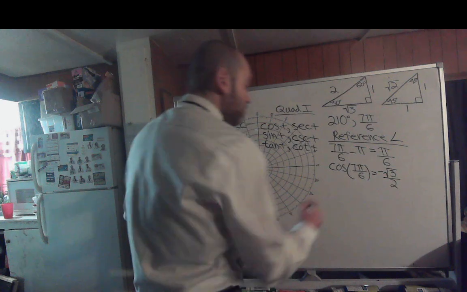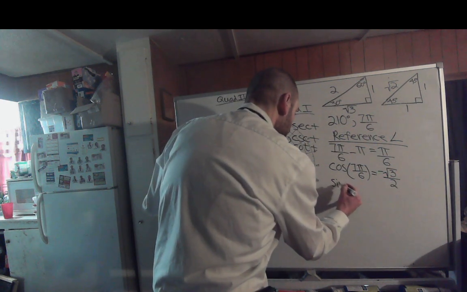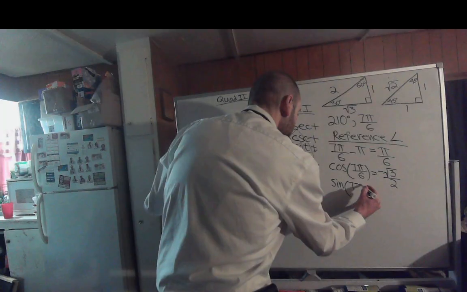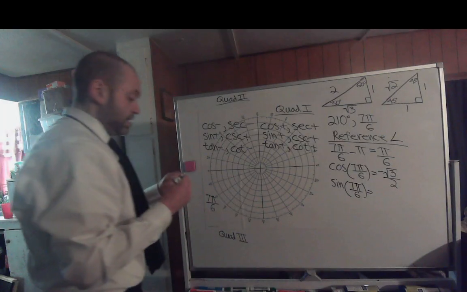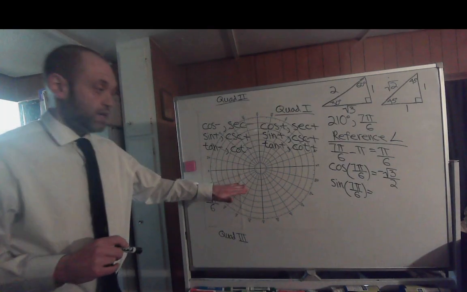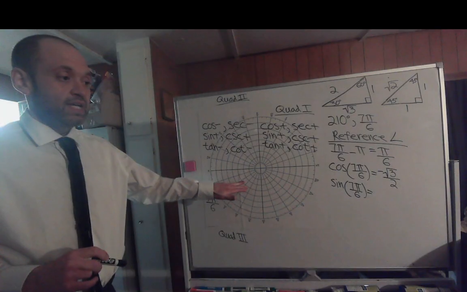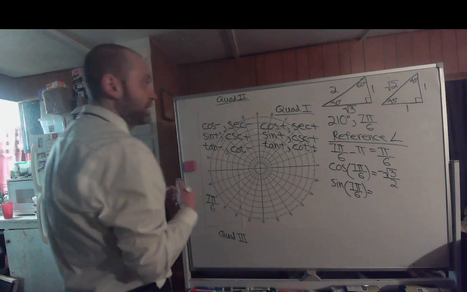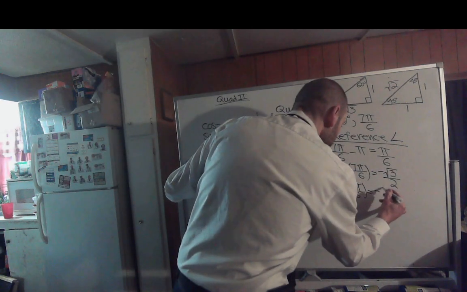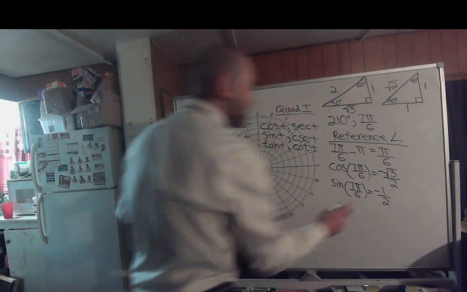Alright, now, what about the sine of 7 pi over 6? Okay, so notice too, we're in the third quadrant now, your y is also negative. So 7 pi over 6 gets treated like 30, that's going to be negative 1/2. So this time your sine is also negative.